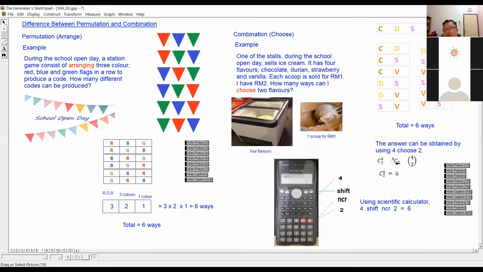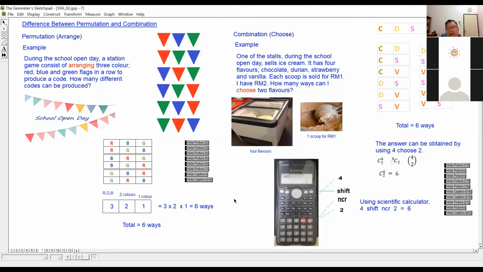Now you can use a scientific calculator to calculate: four objects, you want to choose two objects, how many ways are there? You just take out your calculator, four, then shift, then the nCr button, then you type 2 and press equal. The answer from the calculator is 6.